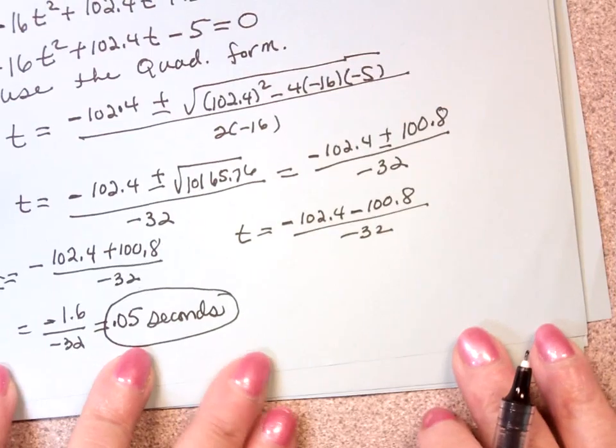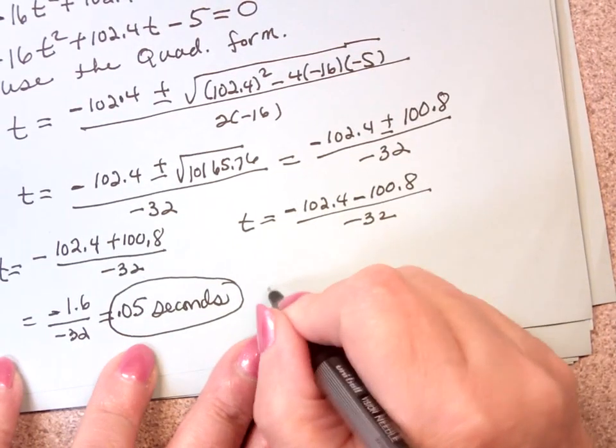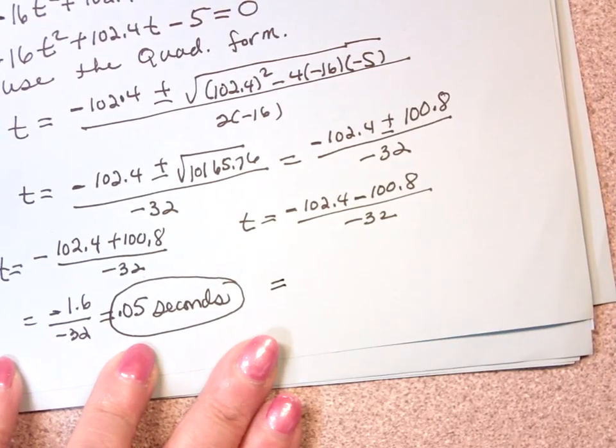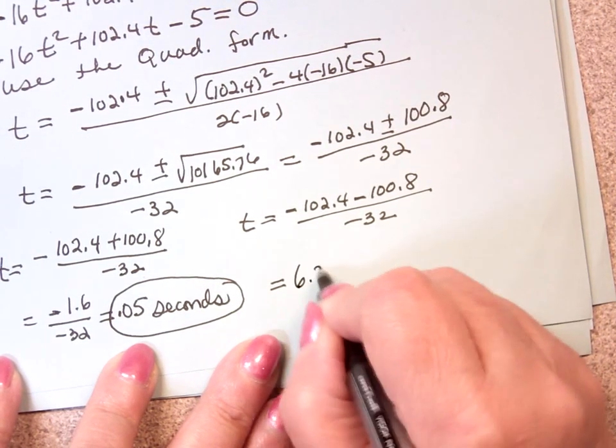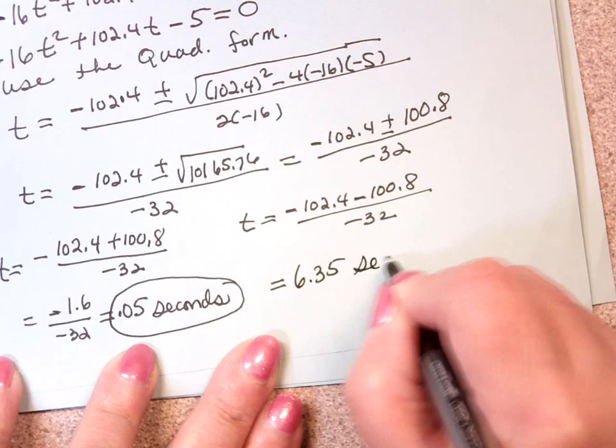And then on the way down, this is negative 102.4 minus 100.8. Divide that by negative 32 is 6.35 seconds.